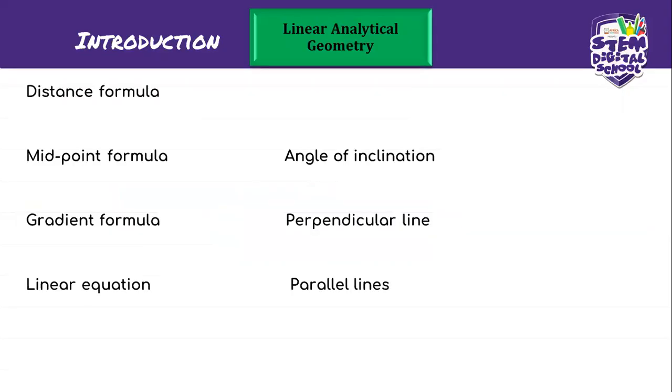All right. Now, in the introduction, what will we be studying under analytical geometry? The distance formula. We'll be using the distance formula, as you can see on the screen. So when we have to calculate a distance having 2 points, that is the formula that you're going to use.